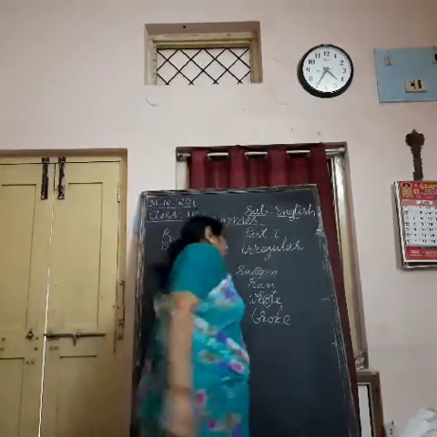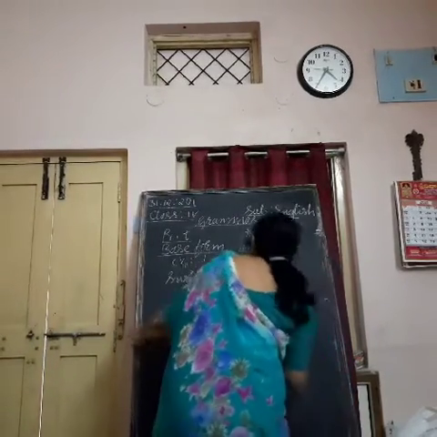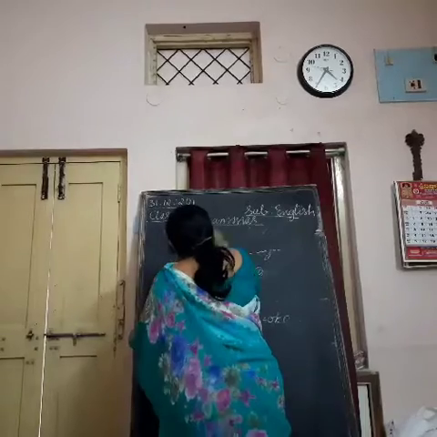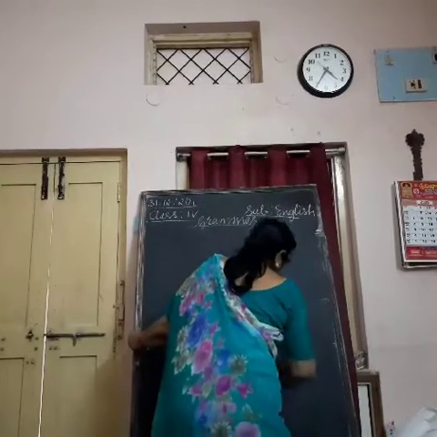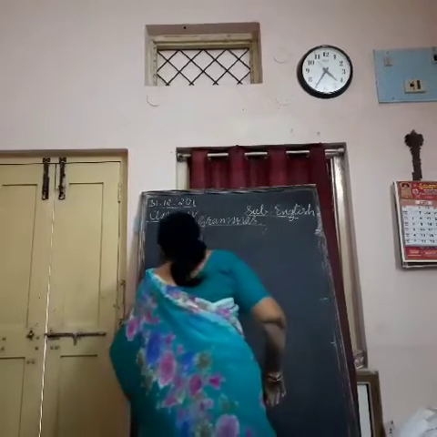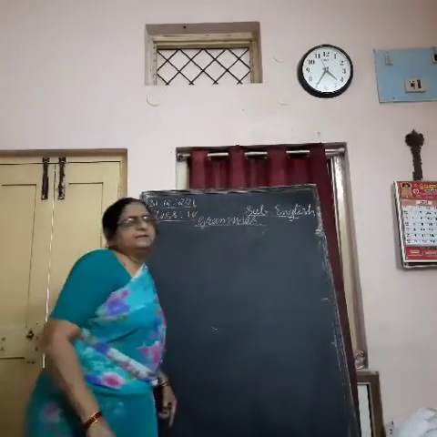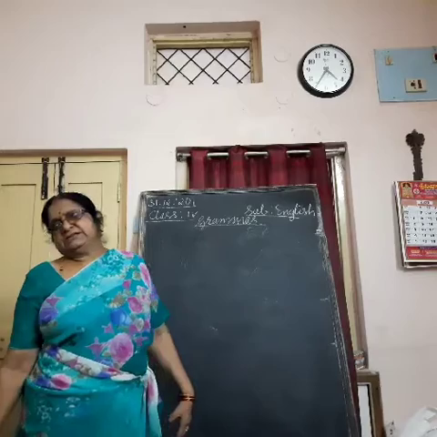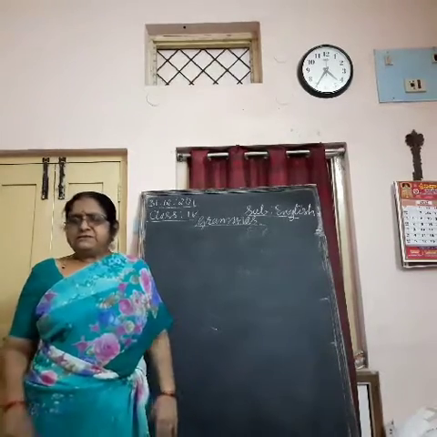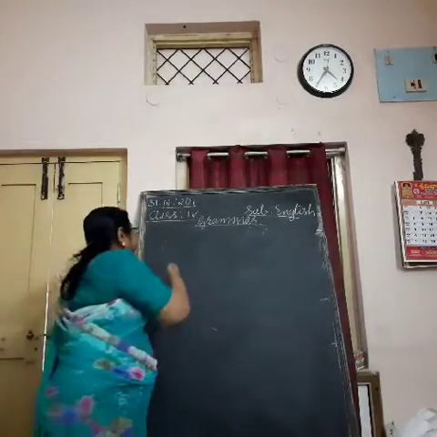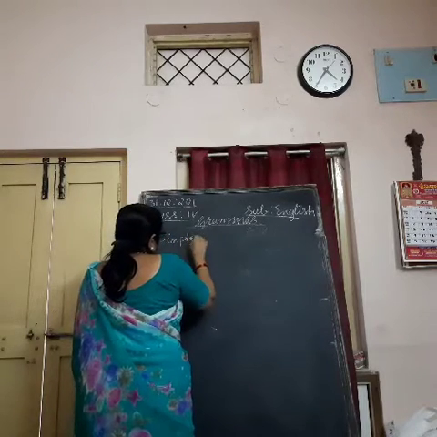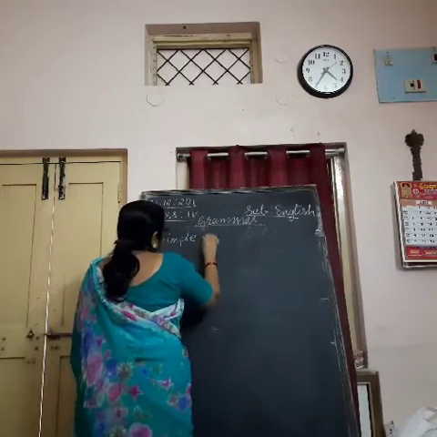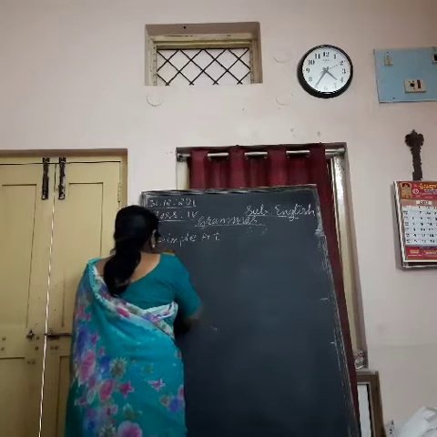So, based on this topic, what we are going to do today is how to form negative sentences using simple present tense and simple past tense. Simple present tense, we call it base form.